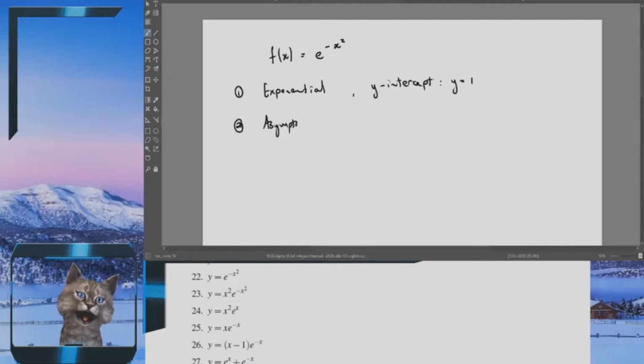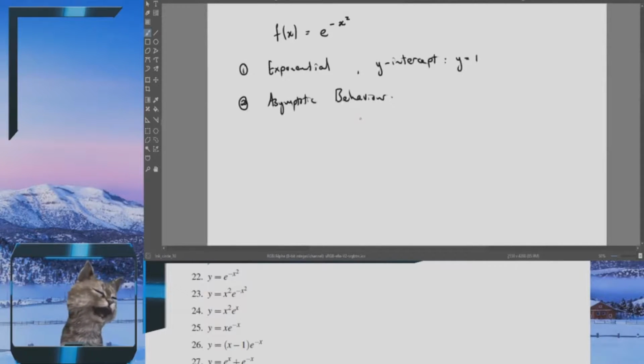Asymptotic behavior. Where I want to see, are there any asymptotes? What is happening? Alright, so I want to know if x is going to infinity, what is happening to my function?